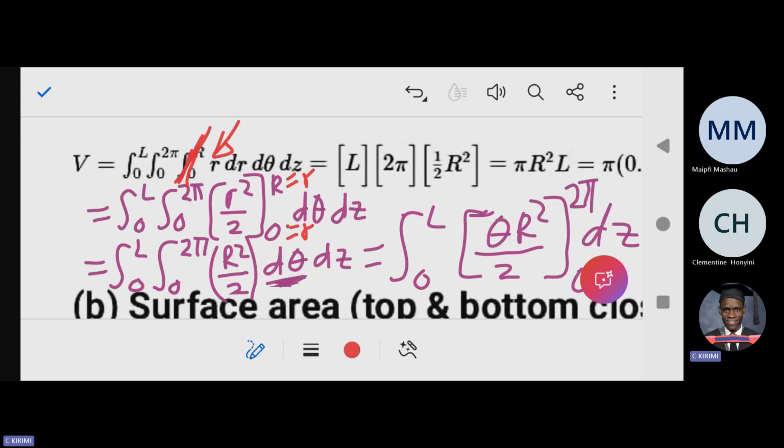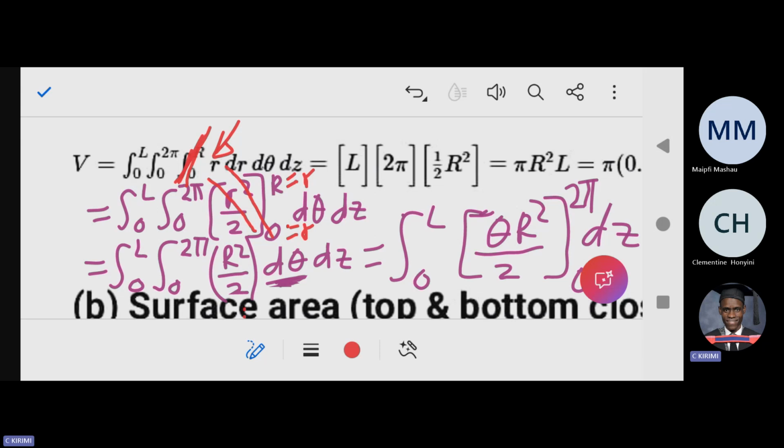If I put this big R inside r squared, it becomes r squared over 2 minus 0, it's just r squared over 2. And then you continue with the integration, which means this square bracket goes.